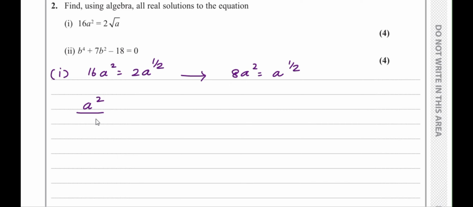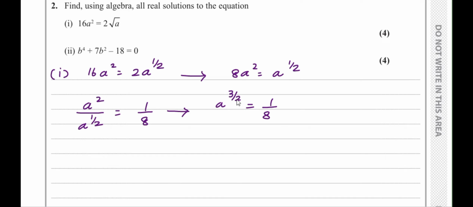Question 2. Find, using algebra, all real solutions to the equation 16a squared equals 2 square root of a. So let us rewrite this equation as 16a squared is equal to 2a to the power of half, which leads to 8a squared equals a to the power of half, that is a squared over a to the power of half is equal to 1 over 8, which can be simplified as a to the power of 3 over 2 equals 1 over 8.